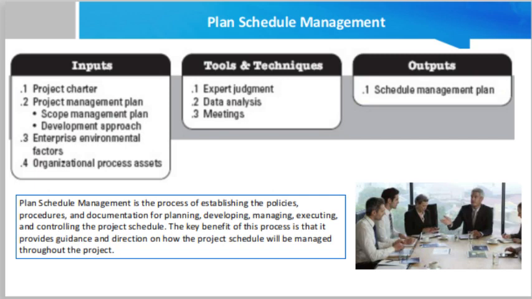It can also include determining how detailed the schedule needs to be, the duration of waves for rolling wave planning, and how often it should be reviewed and updated. An appropriate balance between the level of detail needed to manage the schedule and the amount of time it takes to keep it up to date needs to be reached for each project.